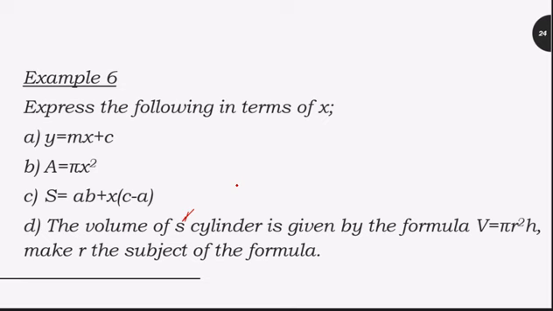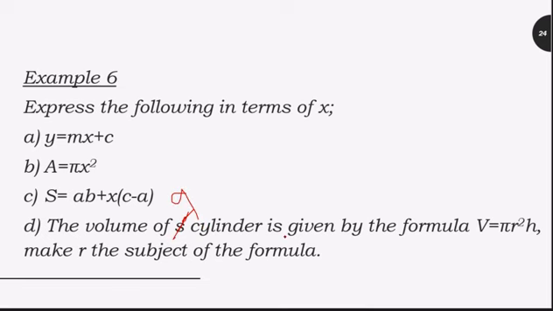Okay, assuming that you've done the questions one by one, let's see. Y is equal to mx plus c. Here, you are making x the subject of the formula.